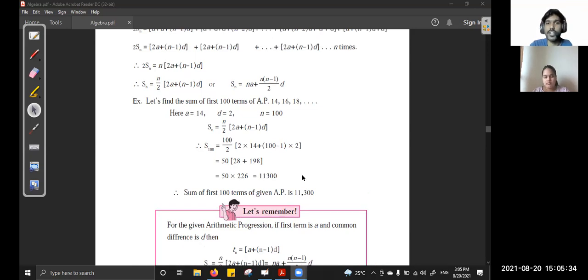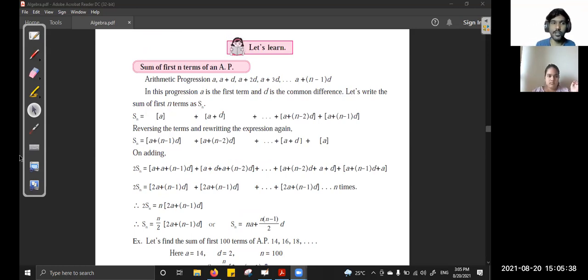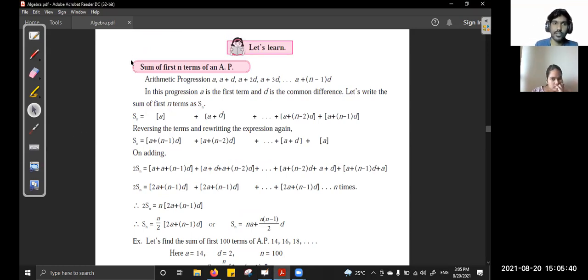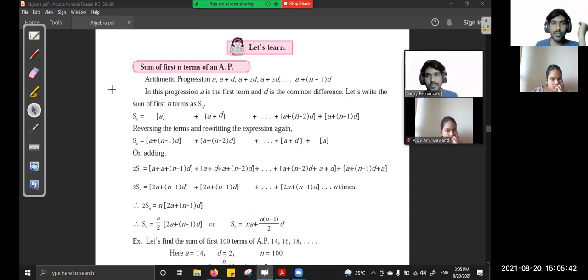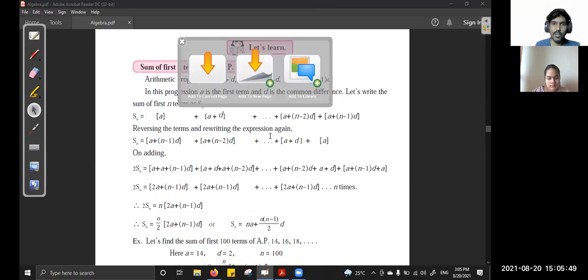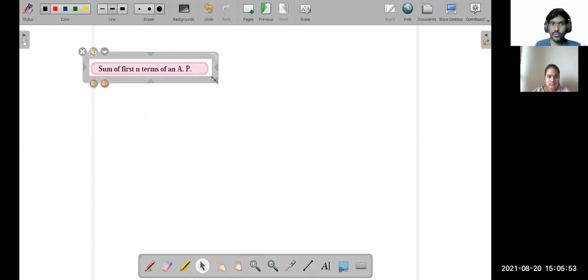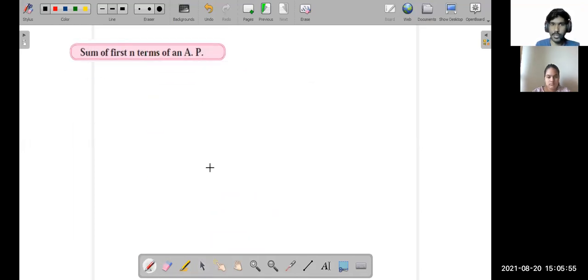Okay. So today we'll start with the new concept, sum of n terms in an AP. Here we'll come across one new formula, called the SN formula. SN comes from the words sum of the first n terms.